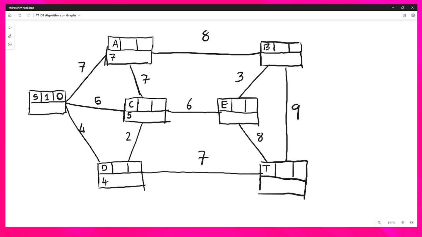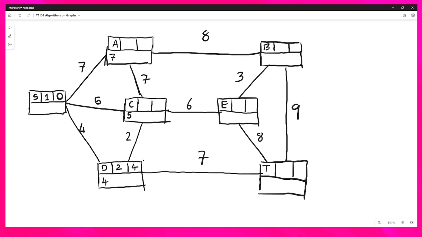Now we don't have any other arcs that come out of S to an unlabeled vertex. So now we look at the working values in all the ones that don't have a label. The smallest is here at D, so that means we are choosing D second.